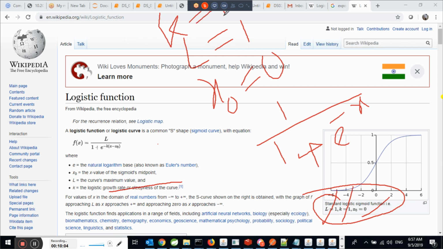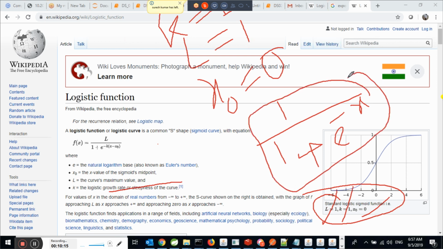Once you put these values, the formula becomes simplified to 1 by 1 plus e power minus x. You are getting my point.